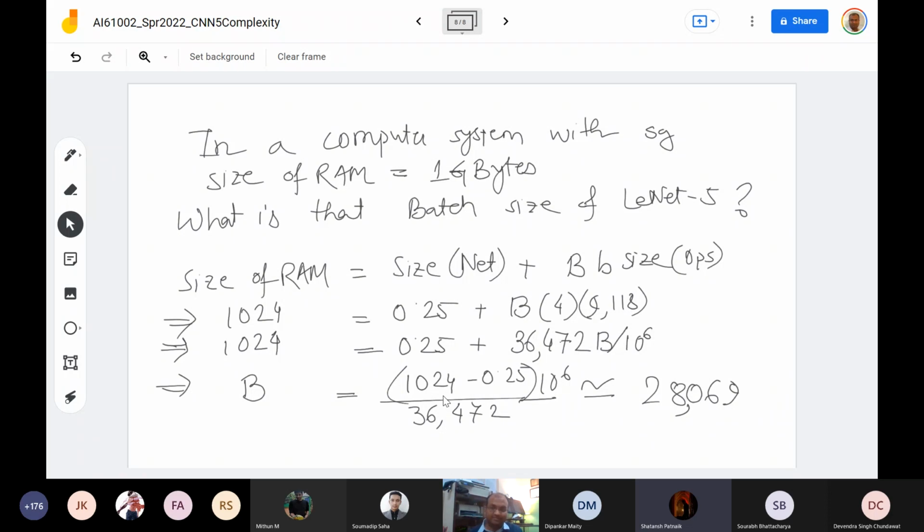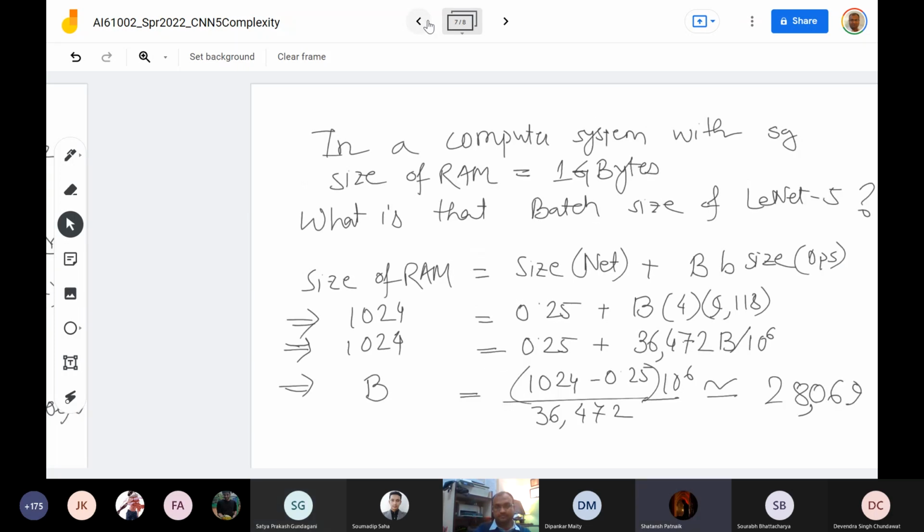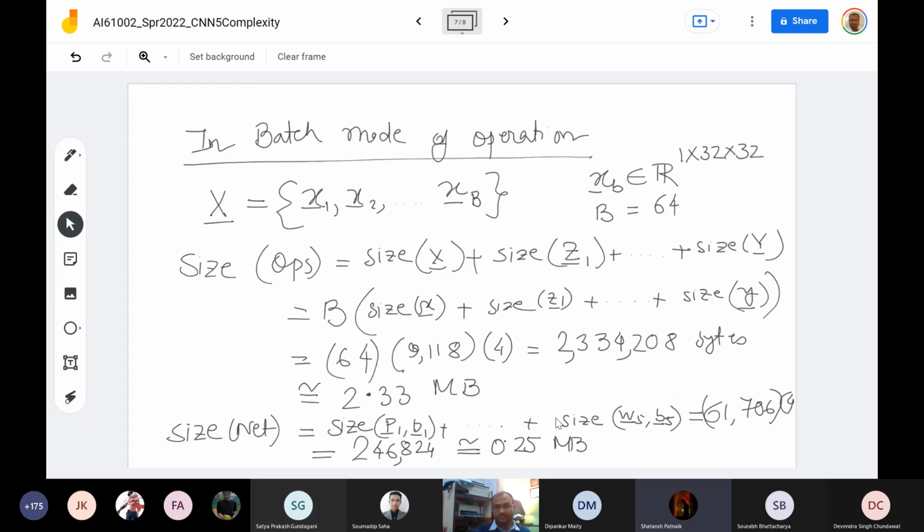Sir, why is the size of network fixed? Won't it vary with the batch size? How will it vary? Tell me. What is the size of network dependent on? In the previous slide, you have multiplied it with batch size to calculate the size of network. Where did I multiply it with batch size?